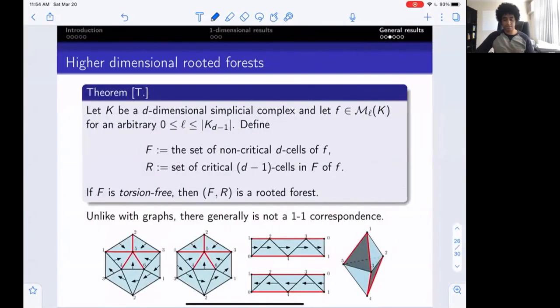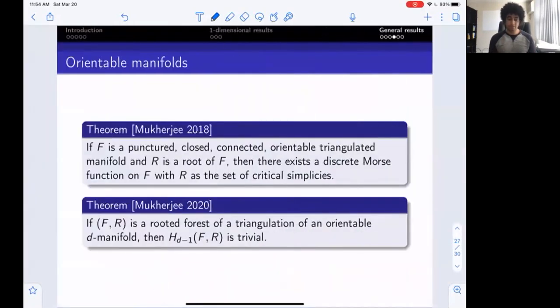But the sad thing is there's not going to be a one-to-one correspondence. In particular, there are some rooted forests that have these rough torsion and non-orientability issues where essentially there's no gradient that could possibly give them. But thankfully, we can say something thanks to the work of Mukherjee not that long ago.